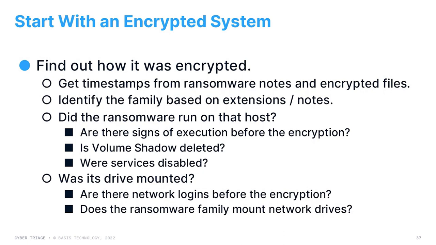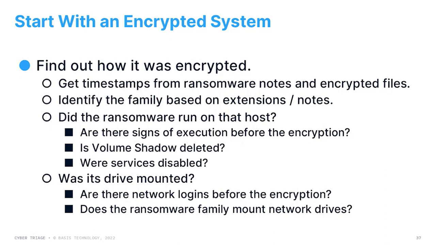Based on the extensions and the notes, you can try to figure out what family it is. It could be a lie, but you can at least get some ideas on what ransomware family was being used, to then learn how it propagates and whether it needed to run locally or could have been mounted from another system.